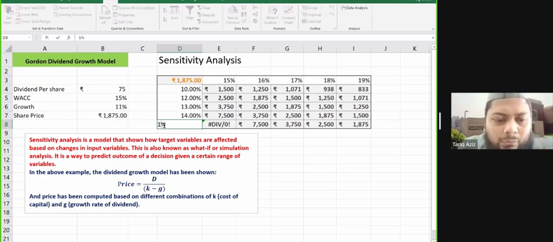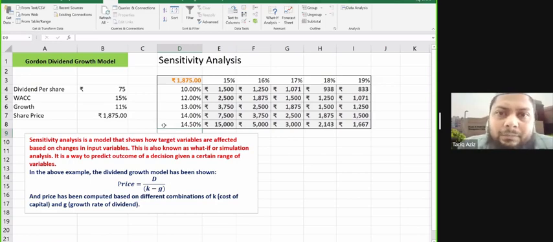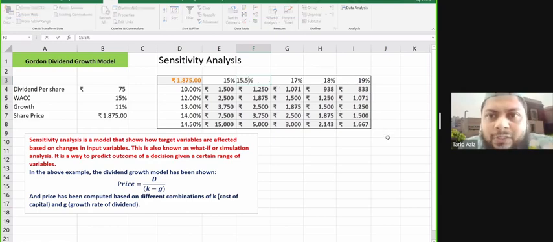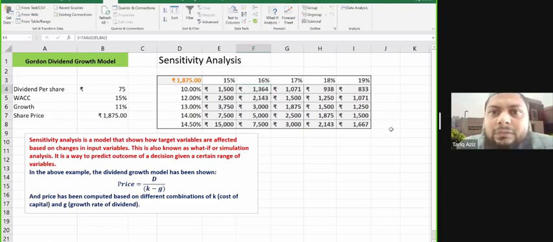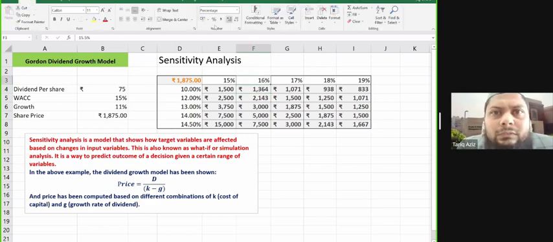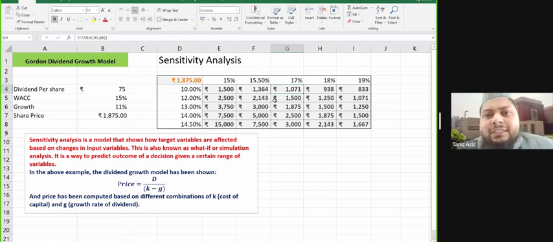So let me just change it to 14.5. In that case, it will calculate. We can also change this 16 to 15.5. So this is how we can try different combinations of inputs, and we can see the impact on the output.